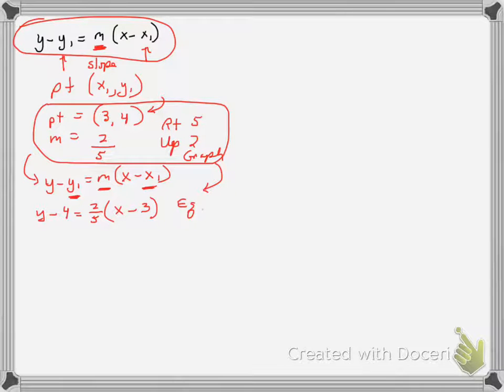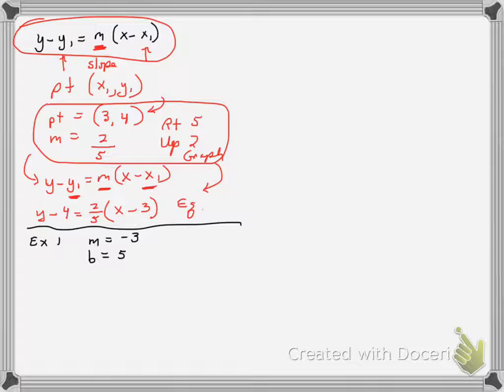Okay, so let's look at some examples now. In the first example, it says write an equation of a line with slope equals -3 and y-intercept 5. So I have slope equals -3, and the y-intercept, which is represented by b, equals 5.